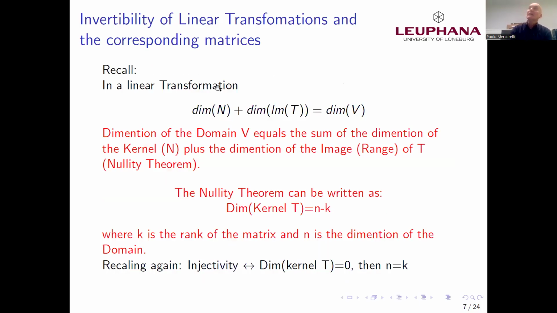Let me conclude. This is again to recall what I told you now. The dimension of the kernel of the transformation plus the dimension of its image equals the dimension of the domain. Okay, we are almost ready.